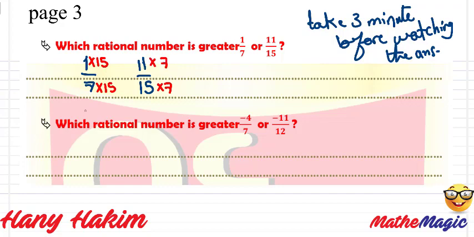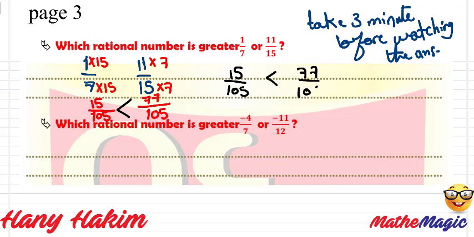The first part, this will be 15 over 7 multiplied by 15, this will be 105. 11 by 7, this will be 77, over 15 multiplied by 7, 105. And once we can compare between 15 and 77, I can write 15 over 105 is less than 77 over 105.